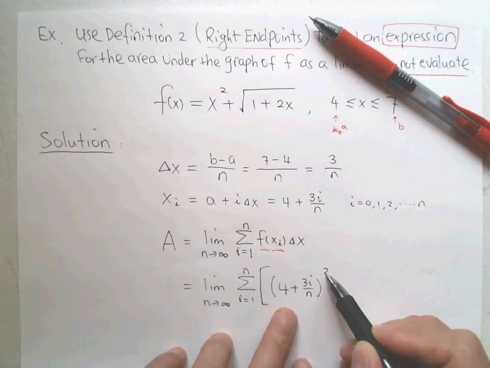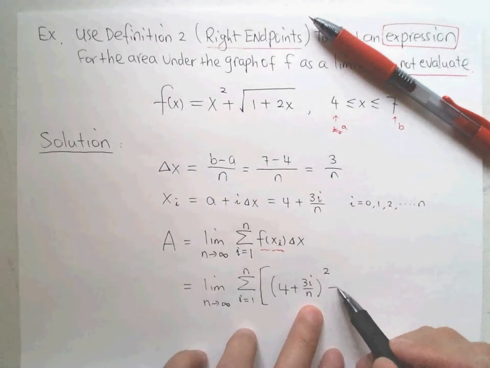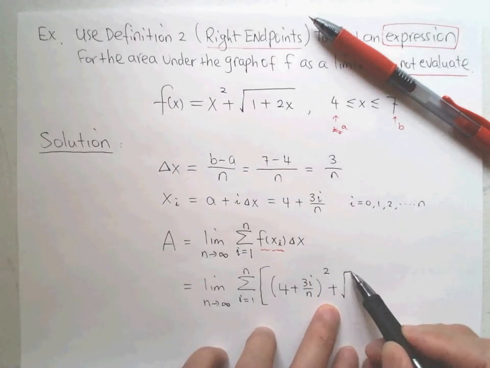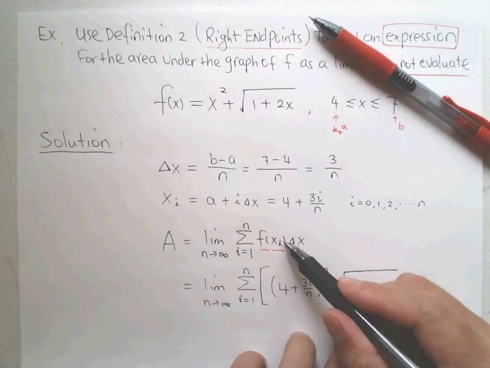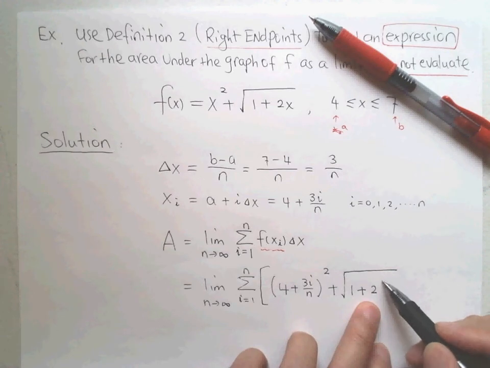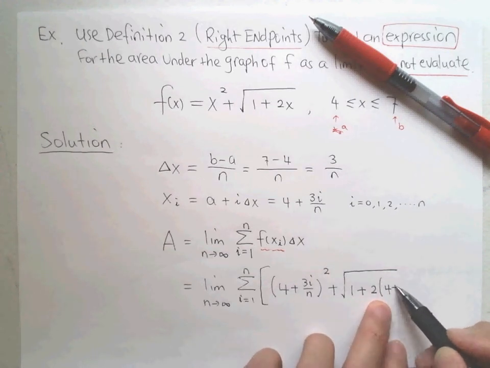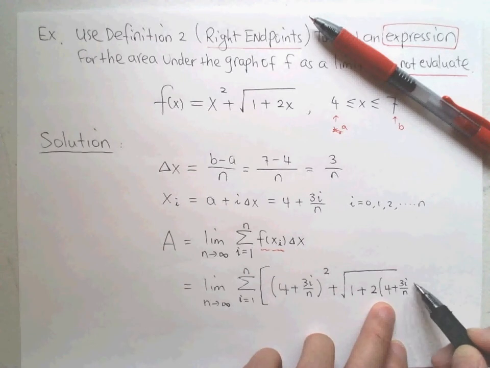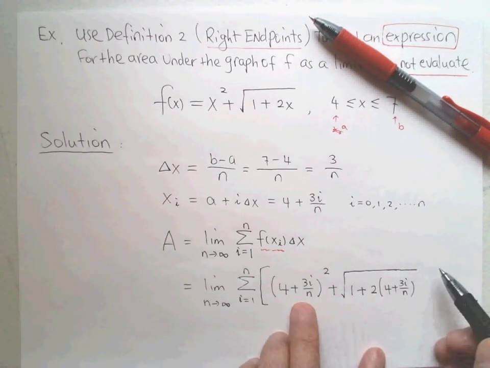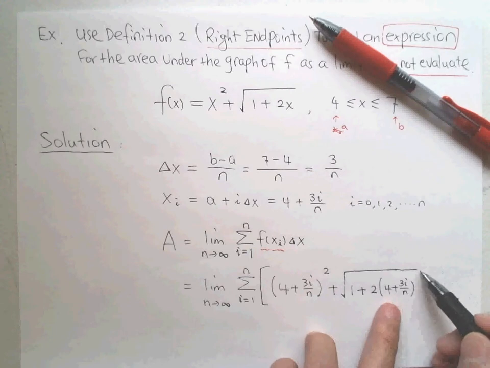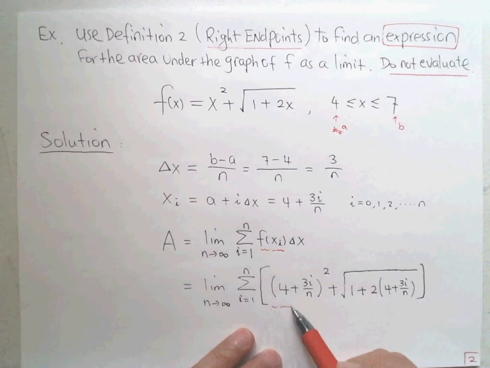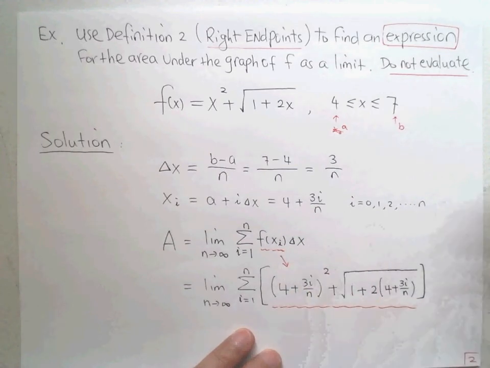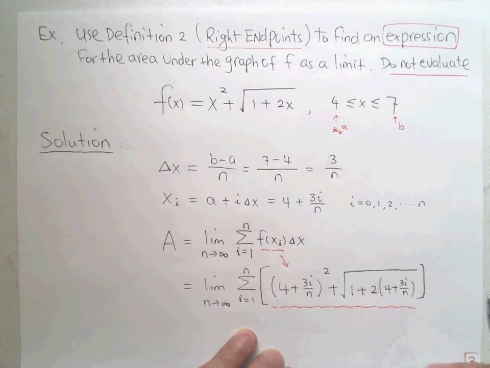So we put 4 plus 3i over n squared, plus the square root of 1 plus 2 times xi, so I have to write 4 plus 3i over n. Whatever I found here is just the function evaluated at xi.